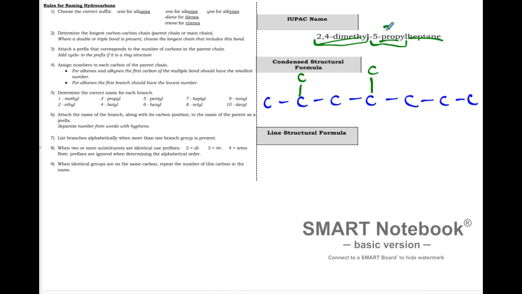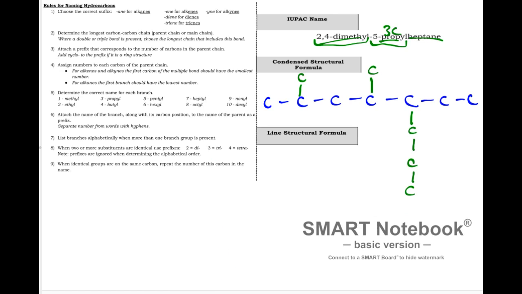Propyl means 3 carbons. So 1, 2, 3, 4, 5th carbon, we have 3 carbons attached to it. So 1, 2, 3.